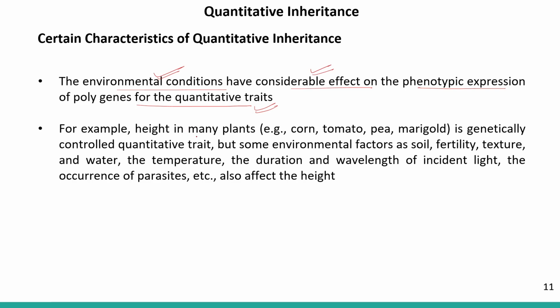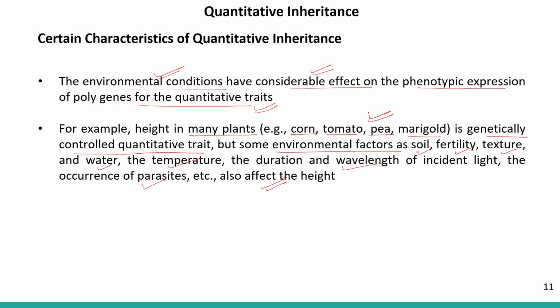For example, height in many plants, such as corn, tomato, pea, and marigold, is a genetically controlled quantitative trait, but environmental factors like soil fertility, texture, water, temperature, the duration and wavelength of incident light, and the occurrence of parasites also affect the height of these plants.